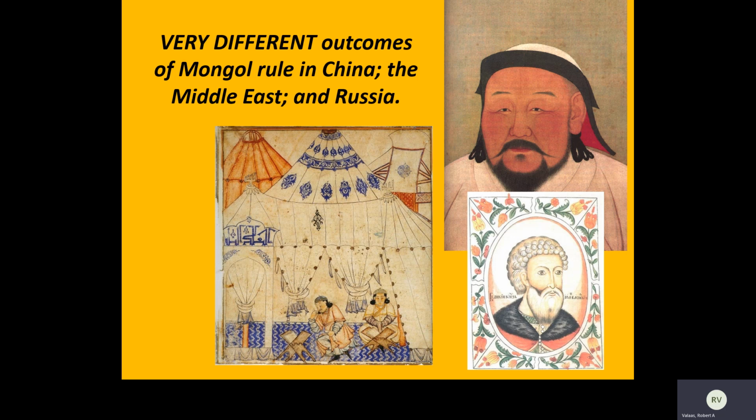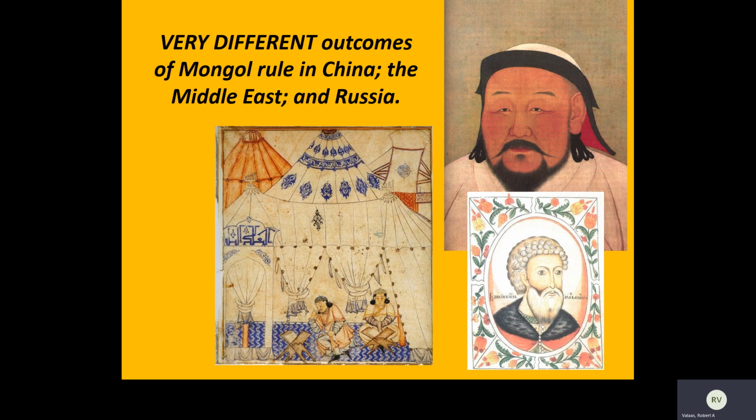The Ilkhan rulers in Persia and the Middle East blended pretty quickly into the society there. They conquered Persia, and then Persia kind of conquered them, and they became Muslim themselves. You can see here from this primary source picture of Mongols in their tents learning to read the Quran, and then they went on their way and left the rest of the Mongol Empire behind.